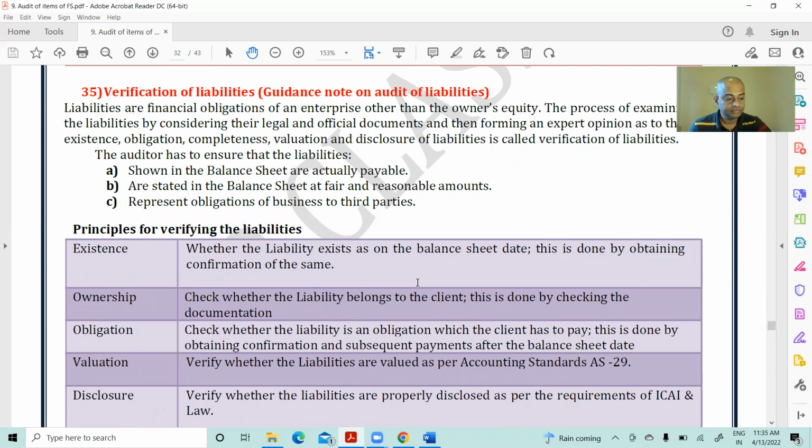First we need to check whether that liability is incurred on behalf of the company. Next, whether they are paying it off according to the time, the repayment schedule. Then check the accuracy, that means the amount that they are paying.